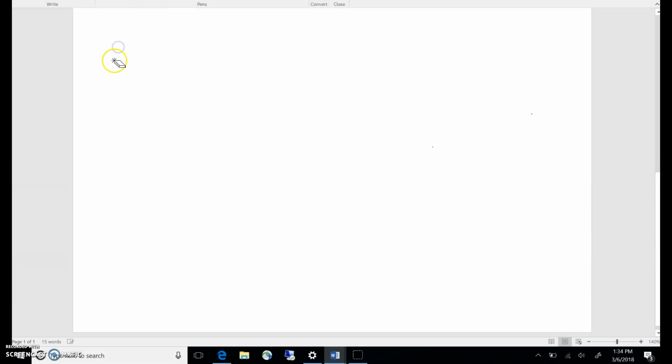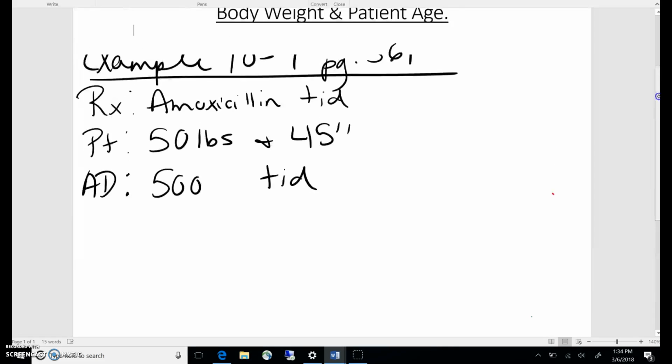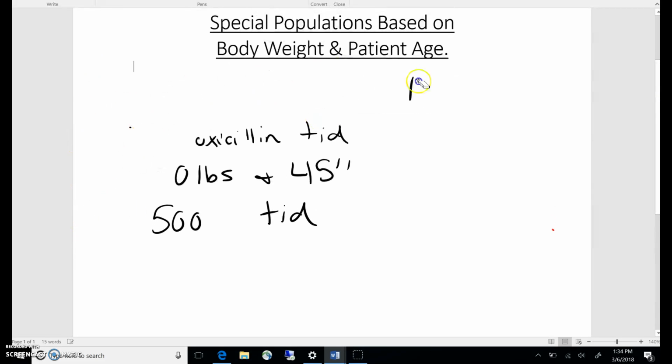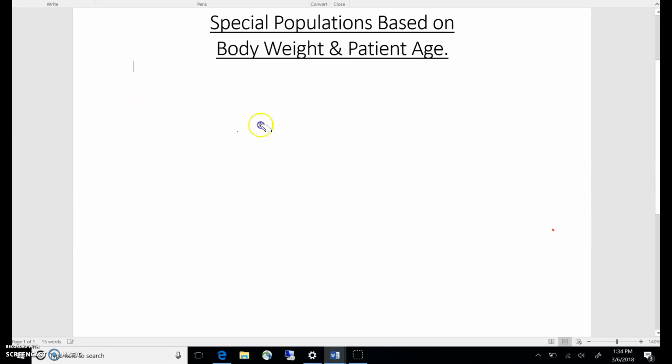All right. And with page 363, these practice problems, the instructions state for us to calculate the following problems using body surface area. Remember to obtain the body surface area and then insert into the proper formula.